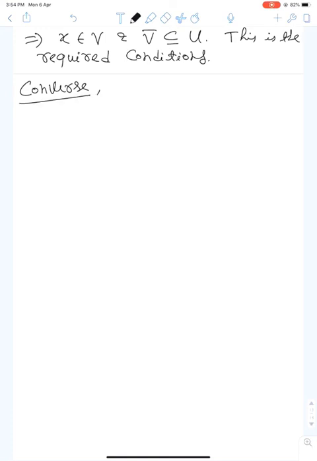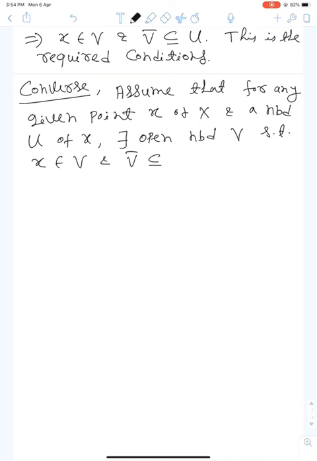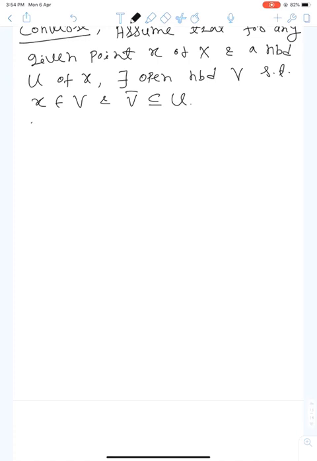Now assume that for any given point x of X and a neighborhood U of x, there exists an open neighborhood V such that x belongs to V and V closure is a subset of U. Suppose this is true for any pair of U and x, right? Now claim X is regular.